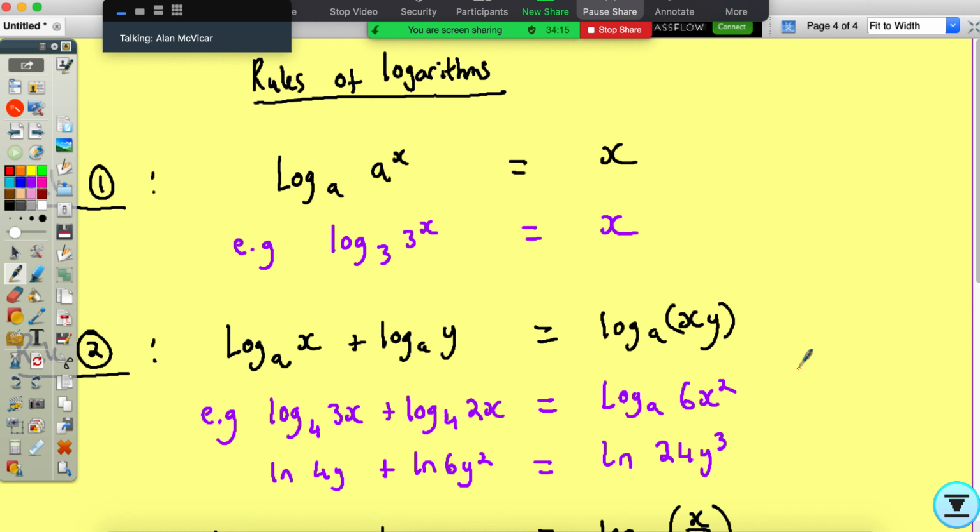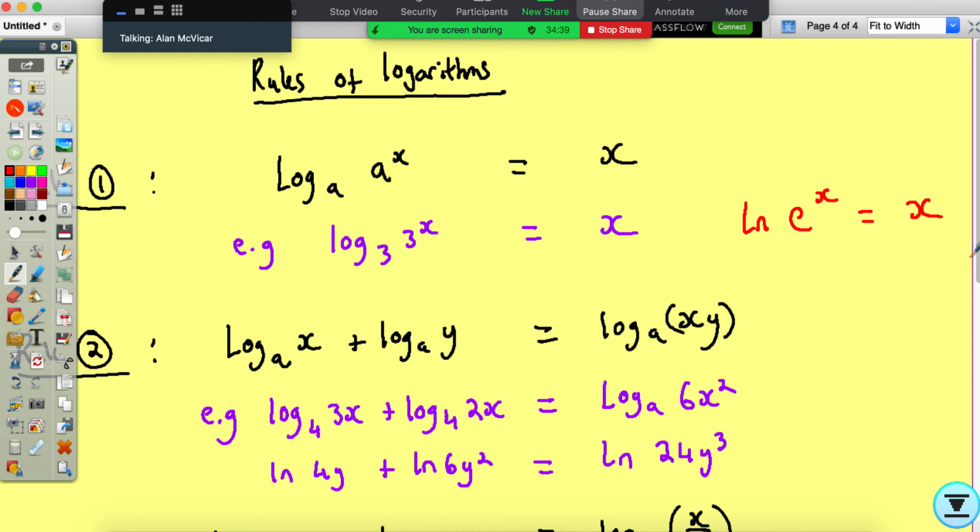That means that if I've got e to the power of x, and I want to know what x is, I take the natural log of it. Those two cancel out, and I'm left with just x. You'll see what I mean when I do it.